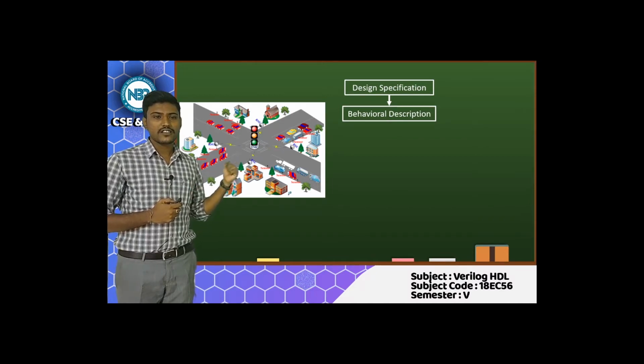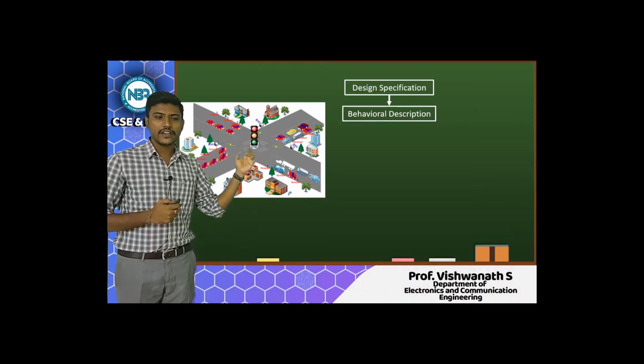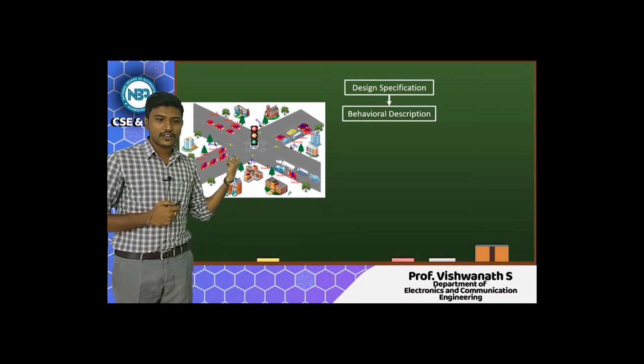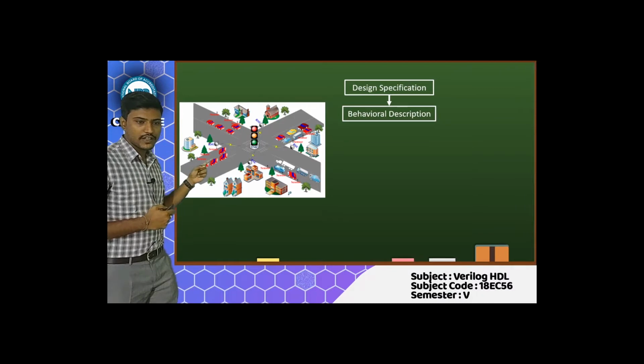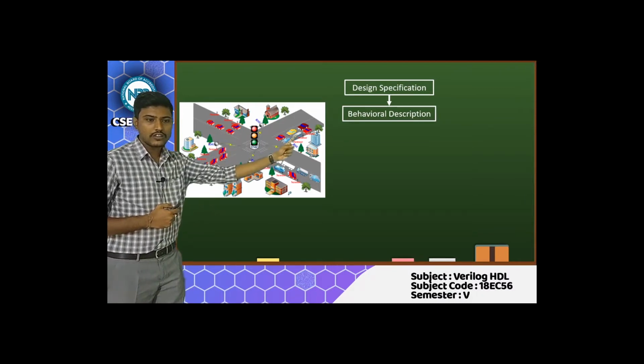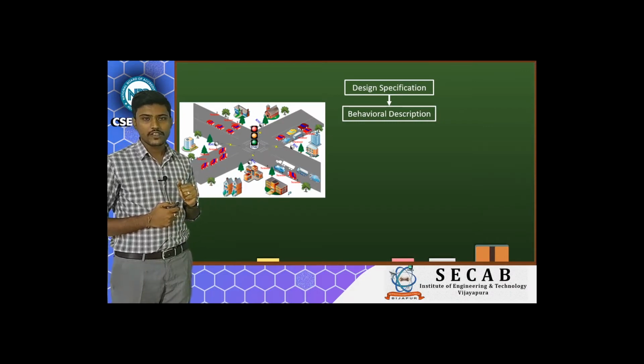Totally I have 4 different roads, and I need to control the traffic. Once this particular road is kept green, I need to make sure that all the other 3 roads are blocked with the red signal.